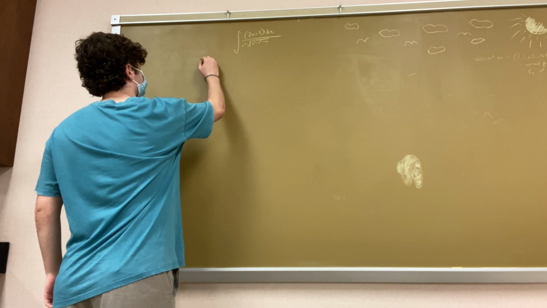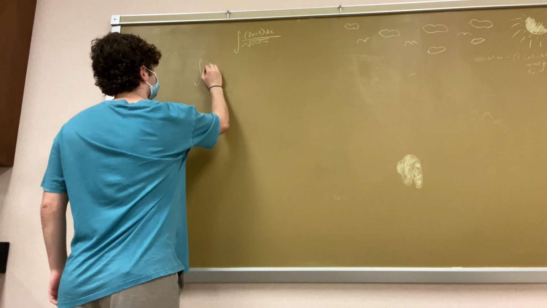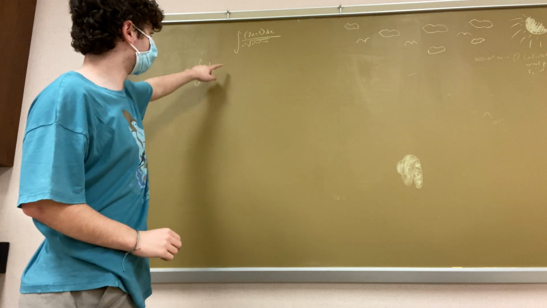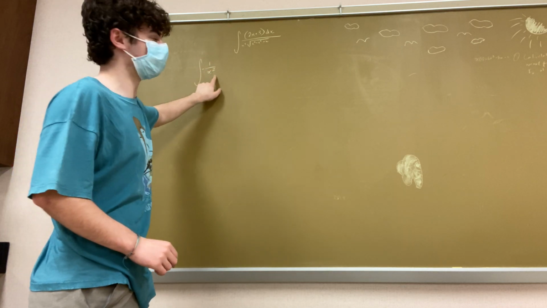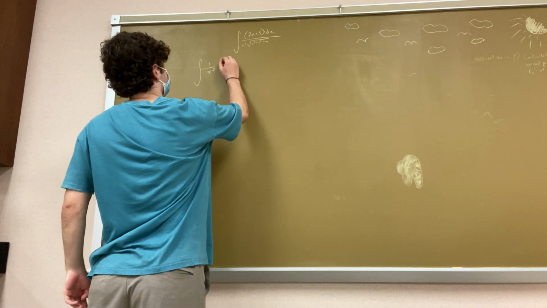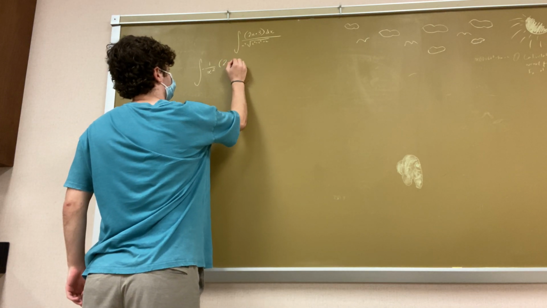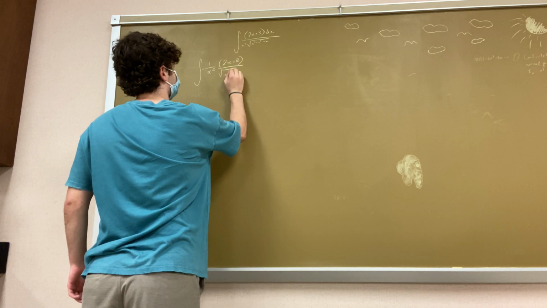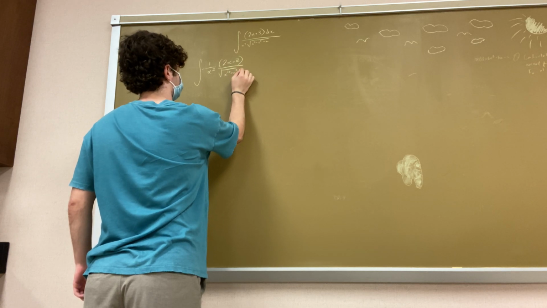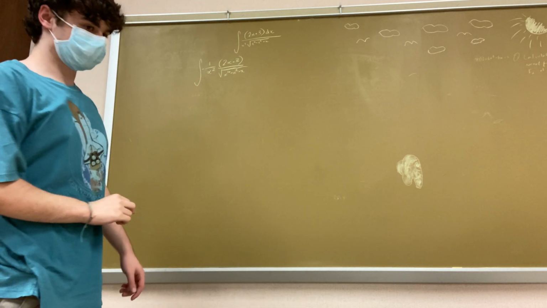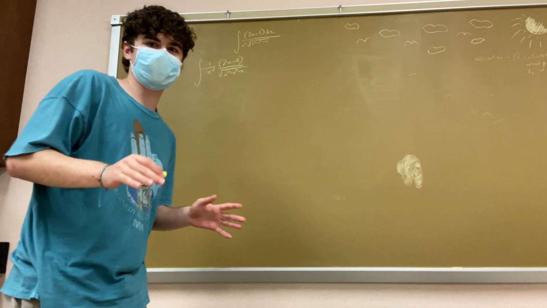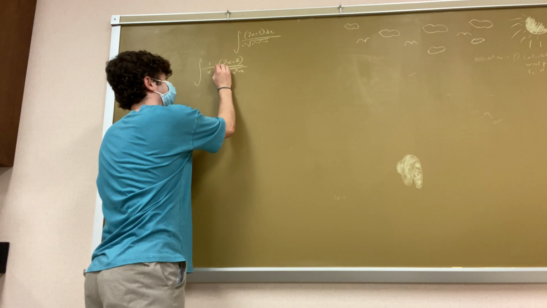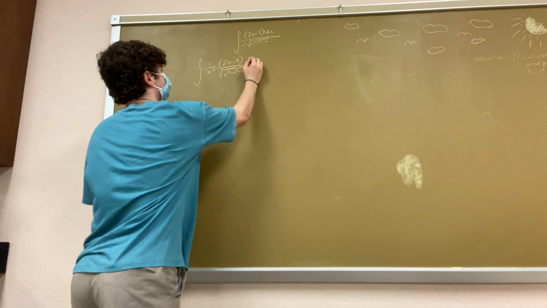So I'm gonna rewrite it as the integral of negative 1 over x squared, that would be the derivative of 1 over x, times the quantity 2x plus 3 over the square root of x to the fourth plus x squared plus x. That's also supposed to be negative, and then dx.